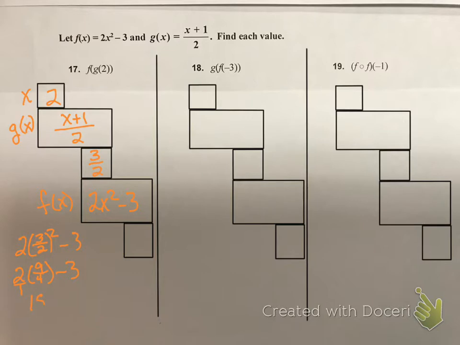I take 3/2 and plug it in for x in x squared. I multiply 3/2 times 3/2, that gives me 9 over 4. I multiply 9 over 4 by 2, that gives me 18 over 4, minus 3. 18 over 4 is the same as 4.5. I subtract my 3 and I get 1.5.